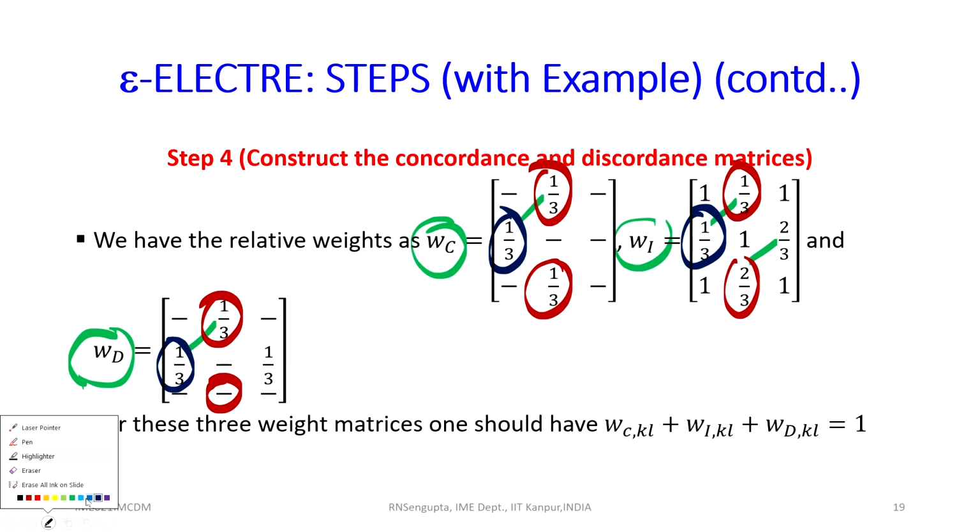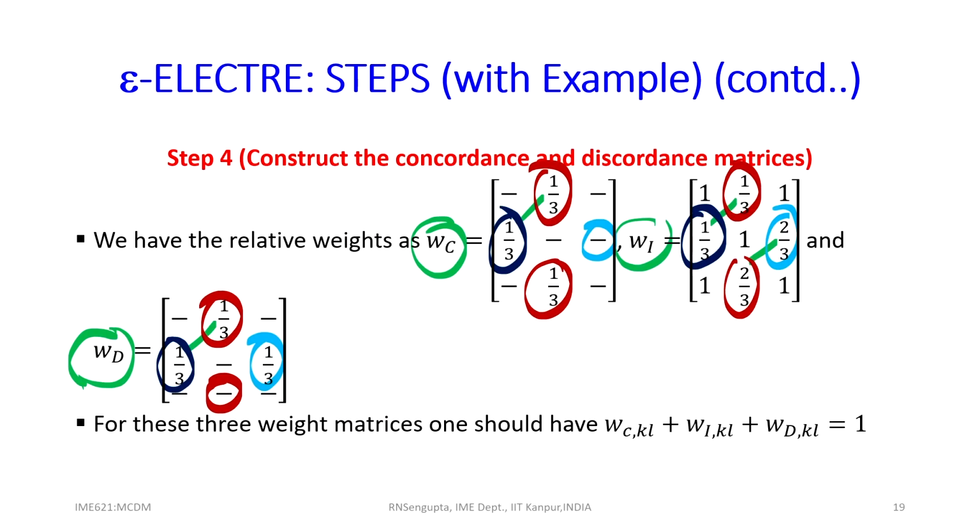If I take the element of 2 3, 1/3 dash means does not have any point and 2/3 is 1. So, in this way you can verify the addition of the weights corresponding to C, D and I would add up to 1. So, the epsilon steps of ELECTRE would continue in this discussion, and we will basically try to wrap up the problem accordingly in the next class.